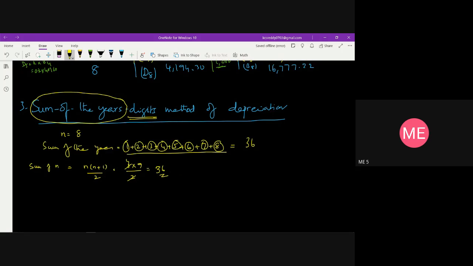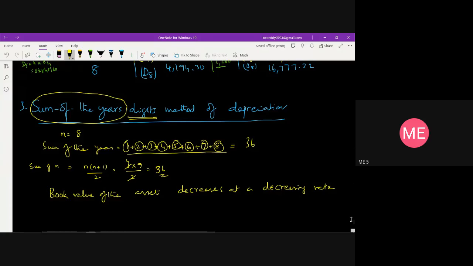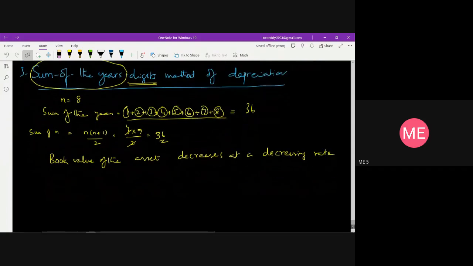In this method of depreciation, it is assumed that the book value of the asset decreases at a decreasing rate. And as we said, the rate of depreciation charge for the first year is assumed to be the highest.